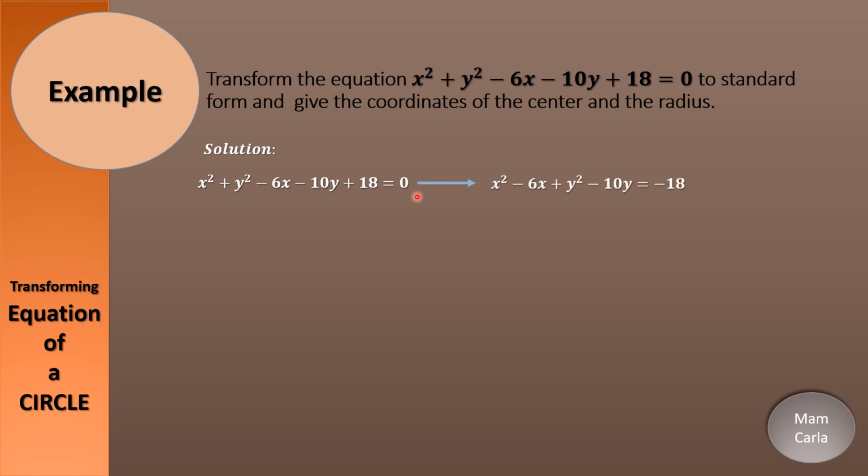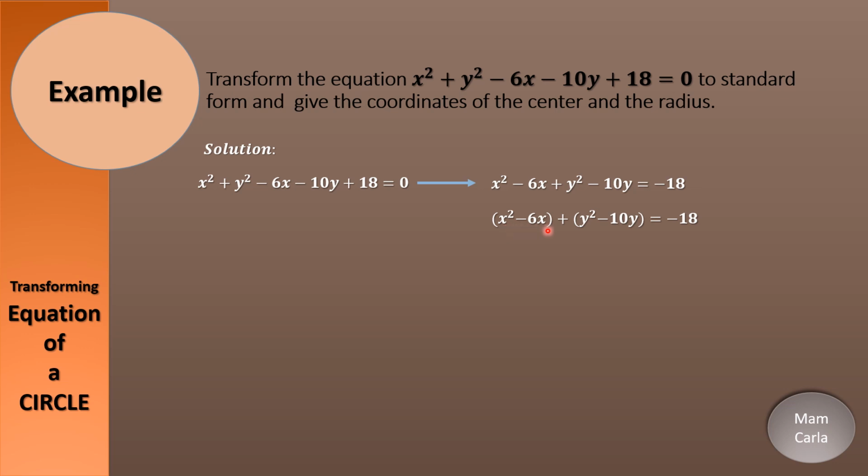So that will be x² - 6x + y² - 10y = -18. And then, put grouping symbols on the x and y terms. So we have here (x² - 6x). And then from here, we're going to make this a perfect square trinomial.